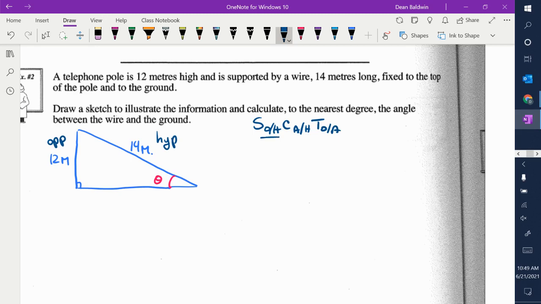Sine is opposite over hypotenuse. So we go sine. What always goes with the trig function? The angle or the degree, right? So whatever the angle is here, in this case it's theta, equals opposite over hypotenuse. Our opposite is 12. I mean, you can put the meters in if you want, they cancel out. Over 14 meters.